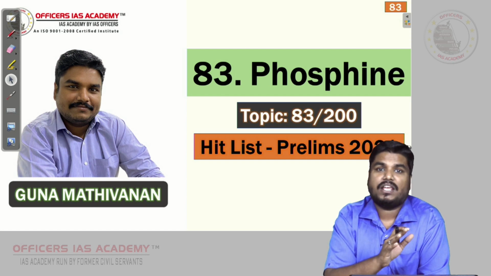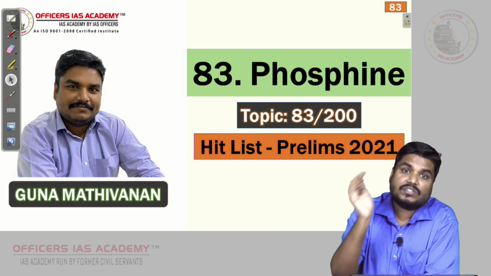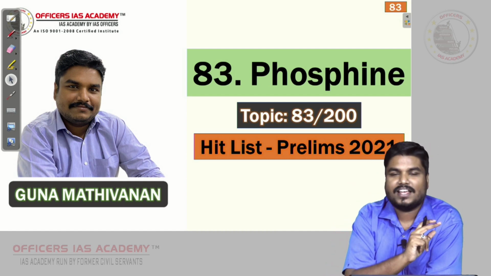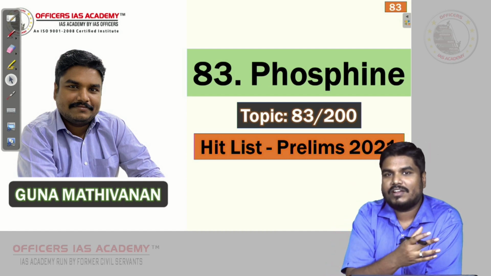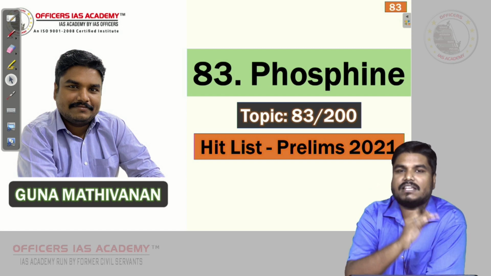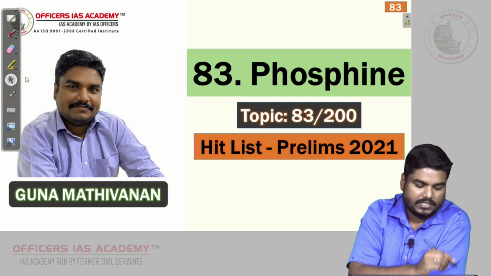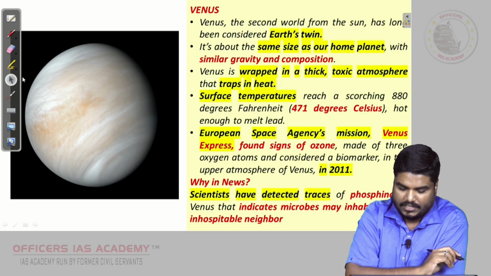But we already said phosphine is a bioindicator. So this makes researchers think whether Venus has microbial or life activity, whether Venus is able to have some life forms. In that dimension, researchers are thinking. That is why it was in news, right?